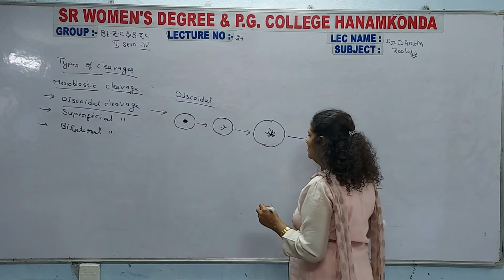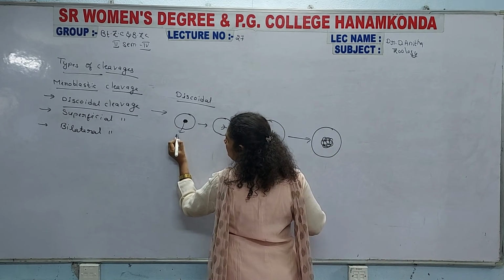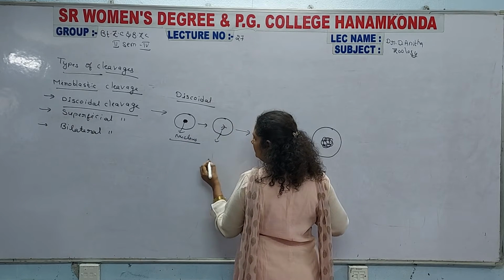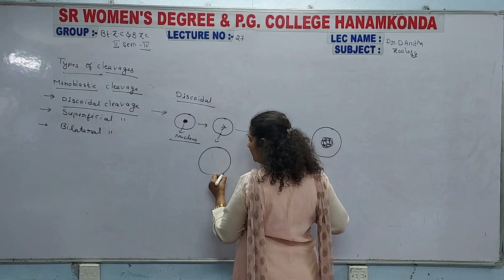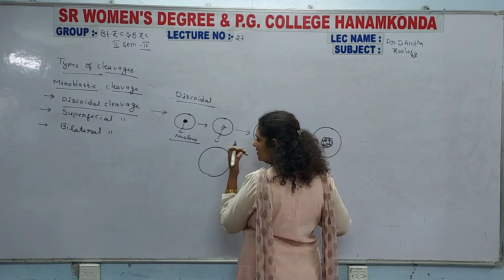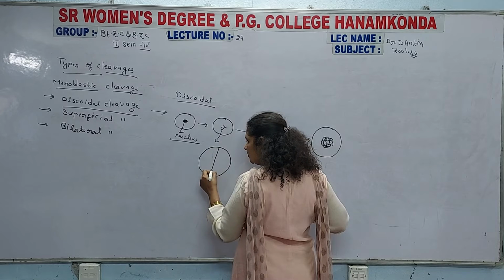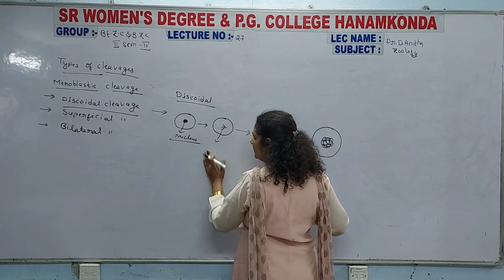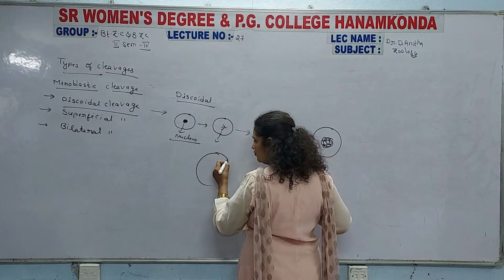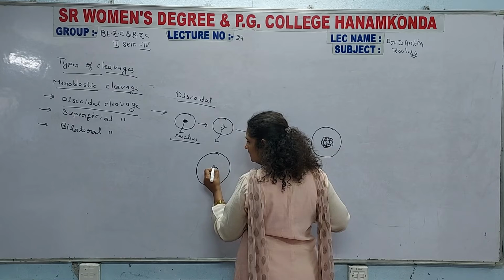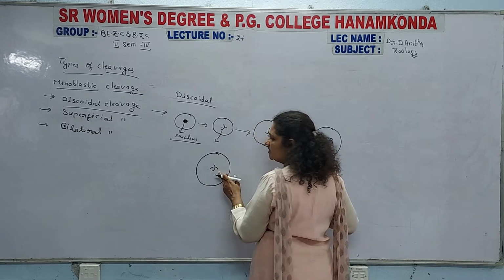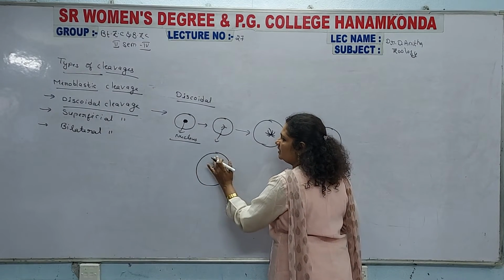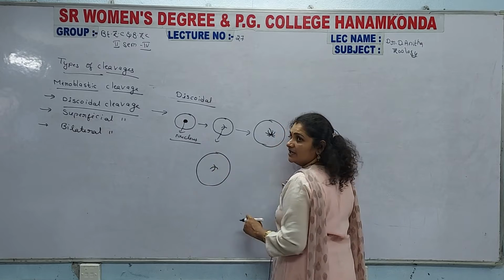Only the nucleus is going to be divided, but not the remaining part. So the whole part does not participate like in the holoblastic cleavage, where the entire cell is divided into two equal halves, or unequal halves are formed. But here, only some portion. So here is the egg, only where the nucleus is present, that nucleus only is going to be divided, but the remaining part of the zygote does not participate in the cleavage patterns.